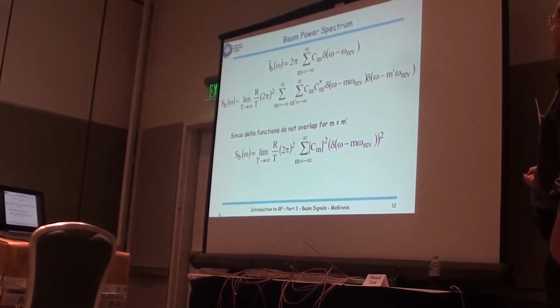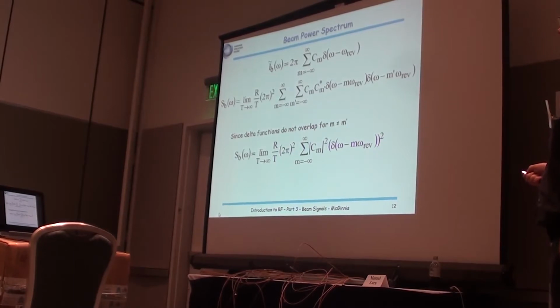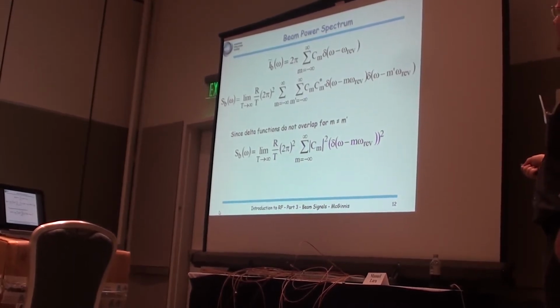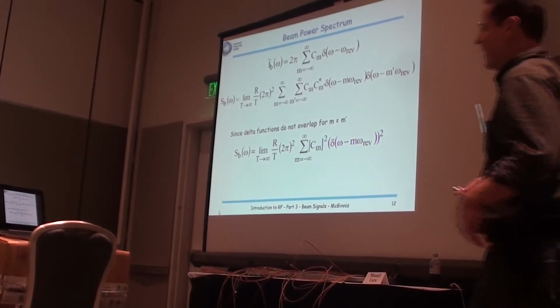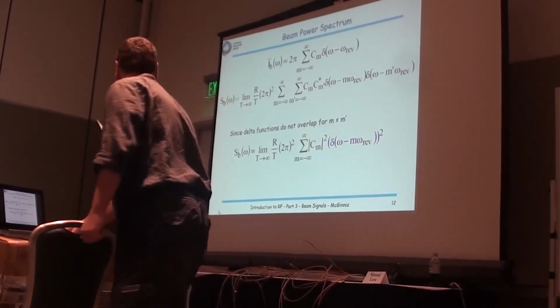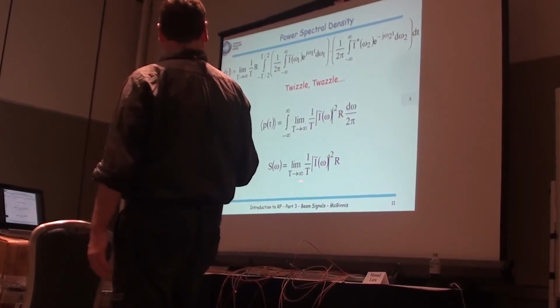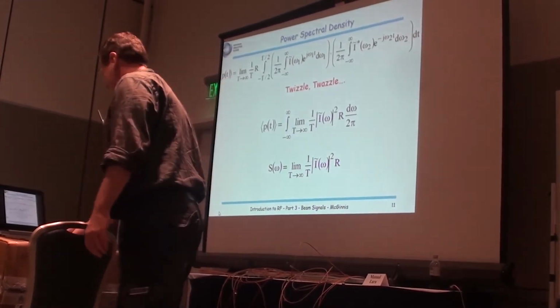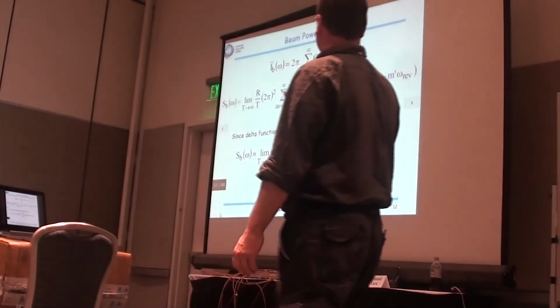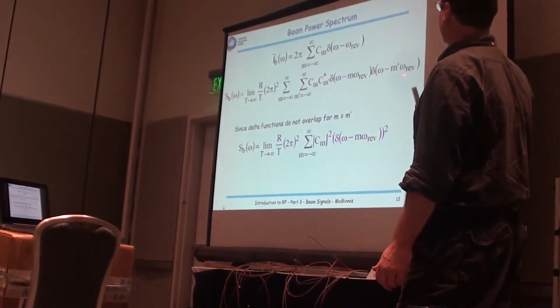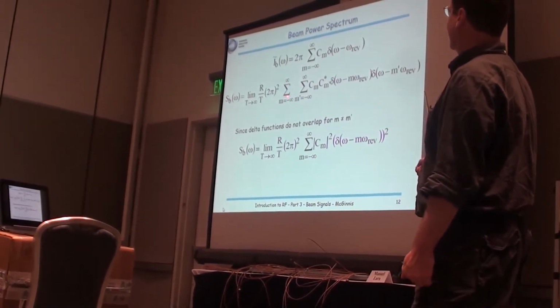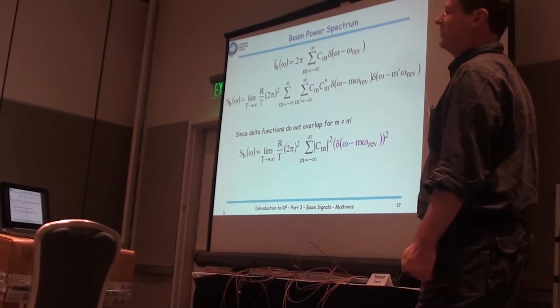So remember that the Fourier transform of the beam current is this infinite periodic series in frequency space. Going backwards, and I'm sorry this is so spooky, I have to take this magnitude squared. So you see that the power spectral density is two infinite sums and two delta functions.